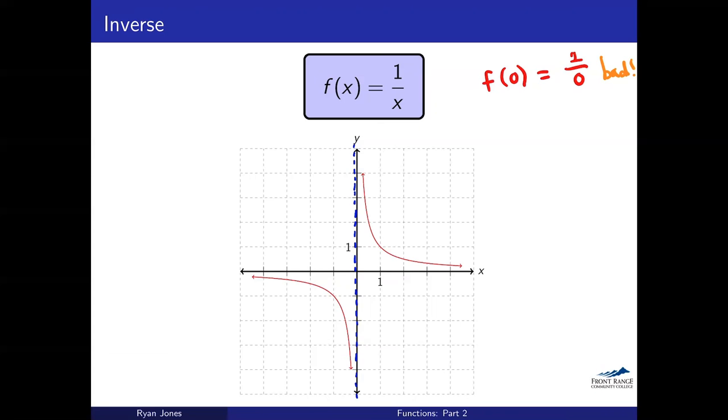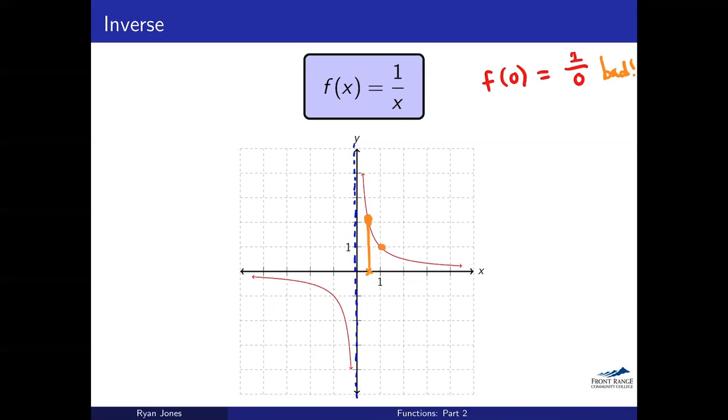If you plug in a bunch of values for x and get your y values out, if I plug in 1 for x, I'll get 1 for y. If I were to plug in 1/2 for x, I would get 2 for y.